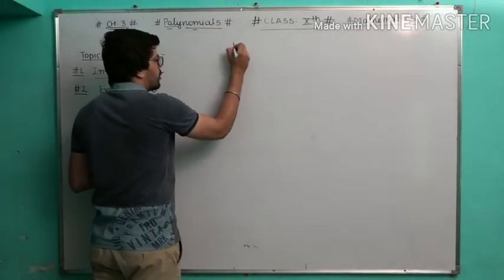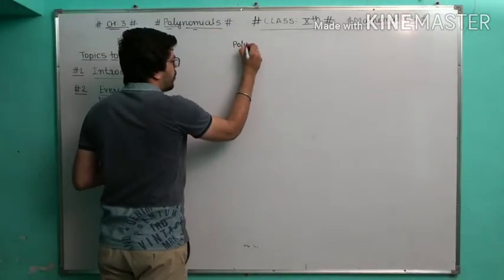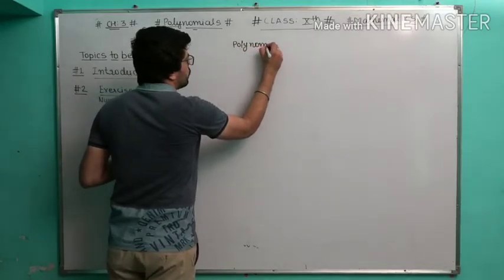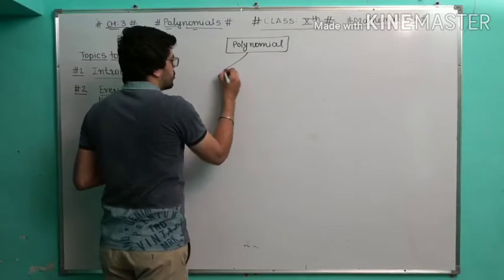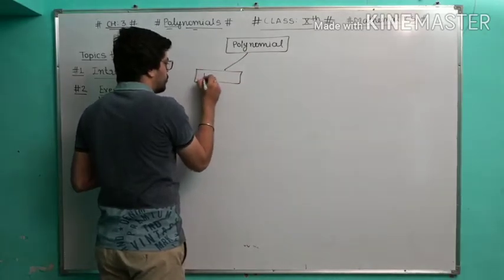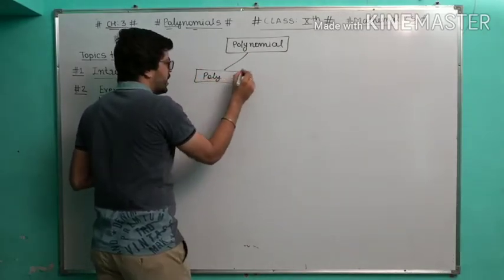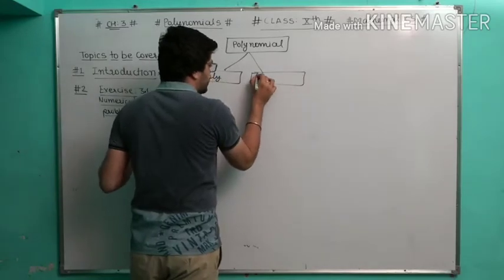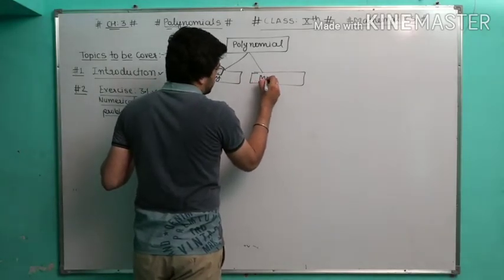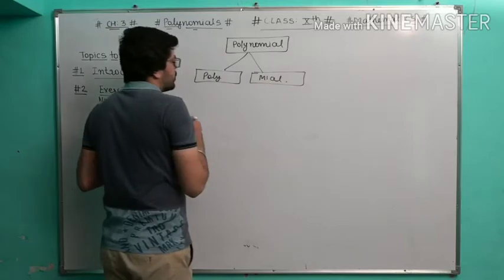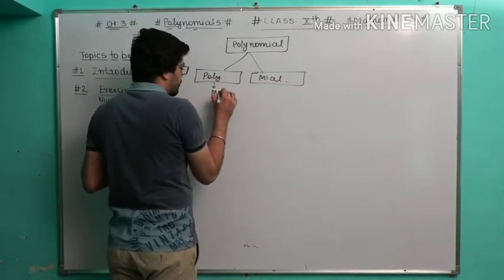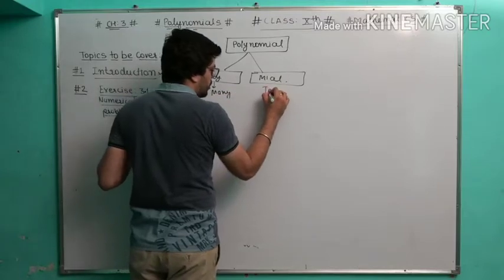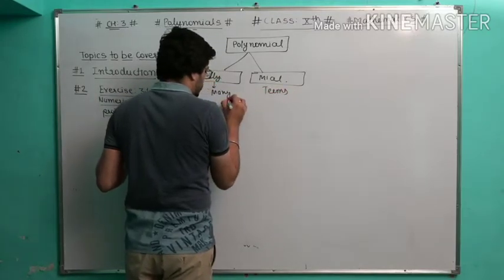First we are going to talk about what you mean by polynomial. There are two terms: this is poly and another word is mial, polynomial. So what do you mean by this? Poly means many, terms.